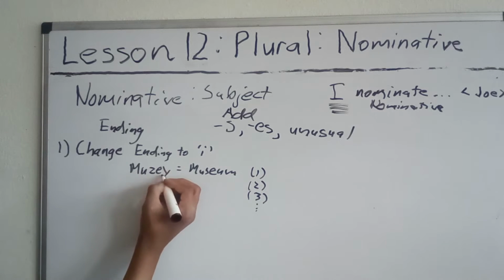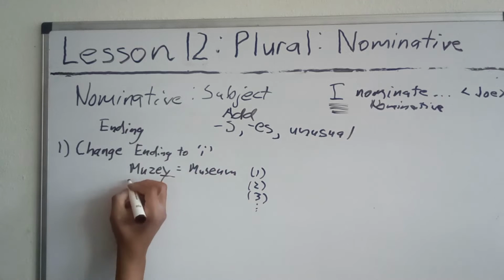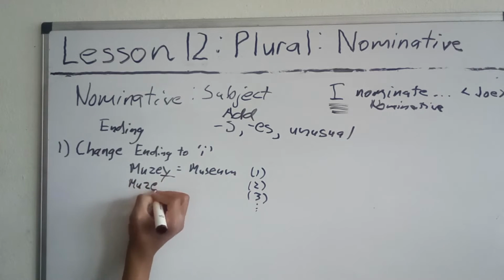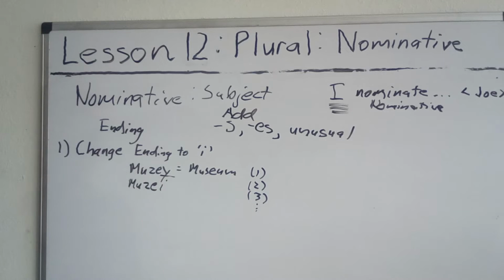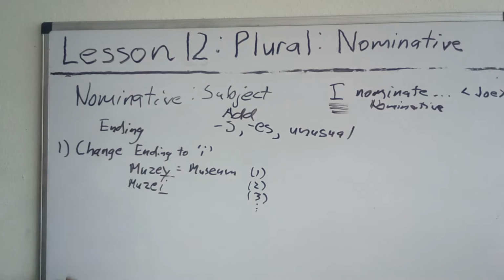You change the last ending E to E. This is true of just about everything in Russian. Muzей still means museum. You changed the E to E. So that's the number one rule. That's true just about all the time.